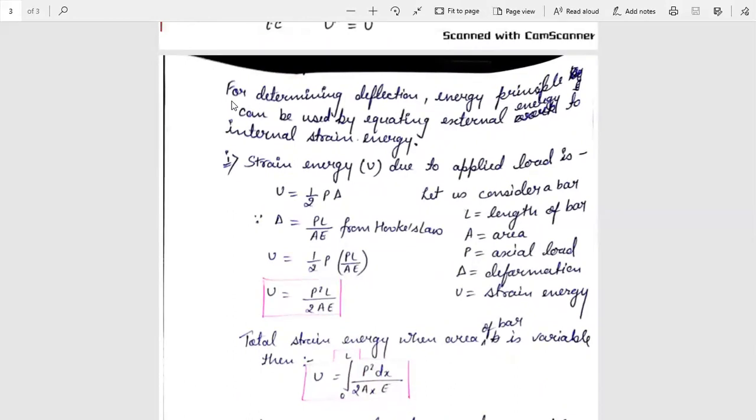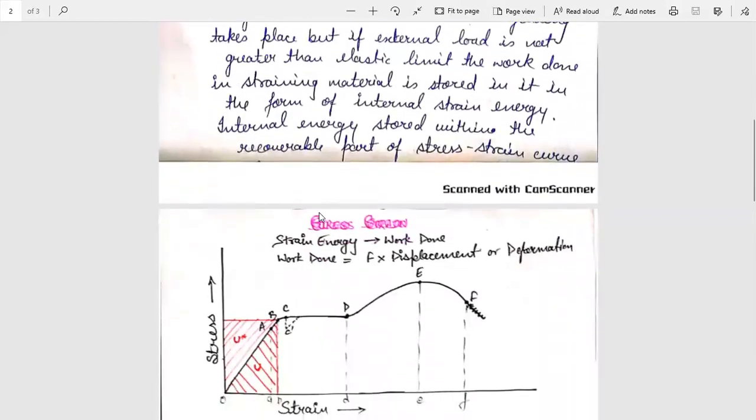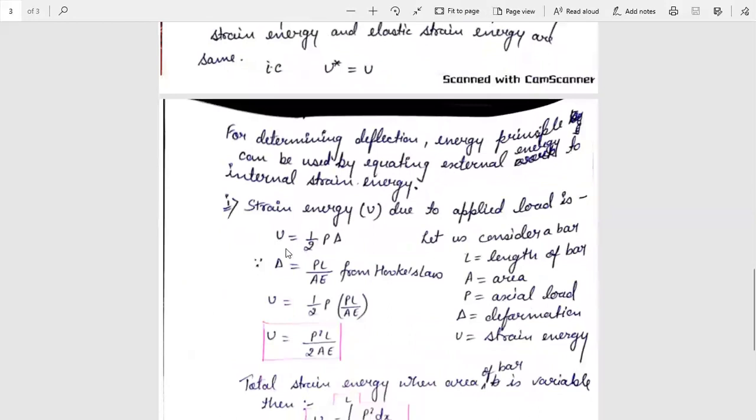Now, the first is strain energy due to applied load, U equals 1 by 2 P del. Strain energy is equal to work done, and work done is force into displacement or deformation. So here U equals 1 by 2 P del, where del is the deformation. Del equals PL upon AE from Hooke's law.